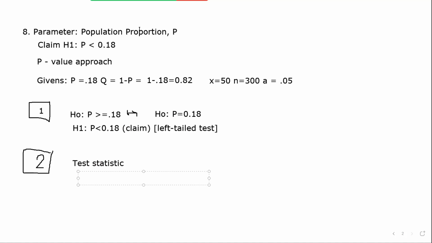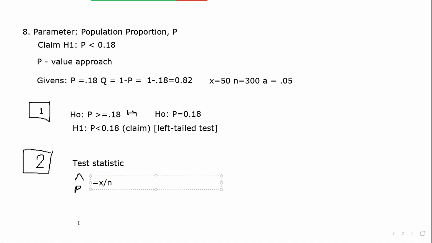So let me draw, always a dangerous proposition, p hat, there we go. And remember, this is equal to x over n. So I'm going to write this out with my values. This is going to be 50 over 300.